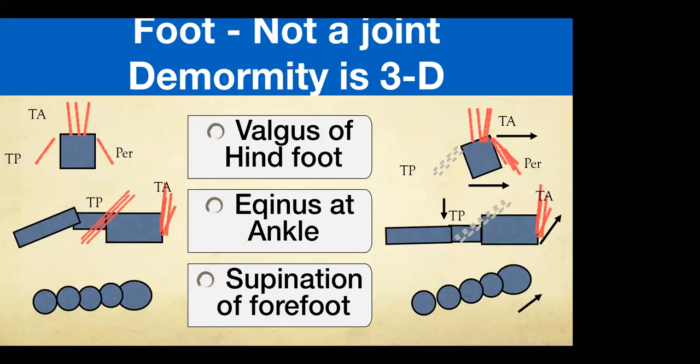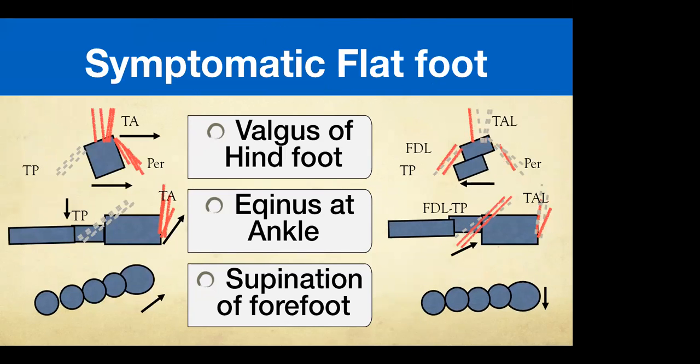So the foot is not a joint and the deformity is 3-dimensional. So in a planovalgus foot, the hind foot is in valgus. There might be some equinus at the ankle because of the tendoachilles contracture, and the forefoot is in supination. So these are line diagrams. What you need to do is, for the valgus of the hind foot, you need to do a medial calcaneal sliding osteotomy as you've shown over here.